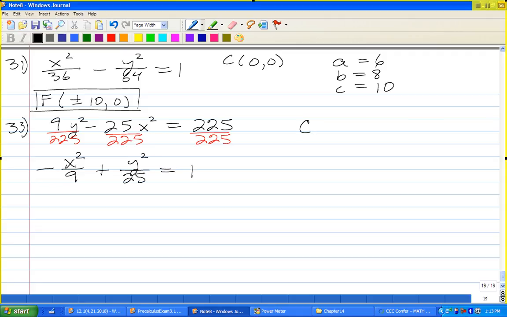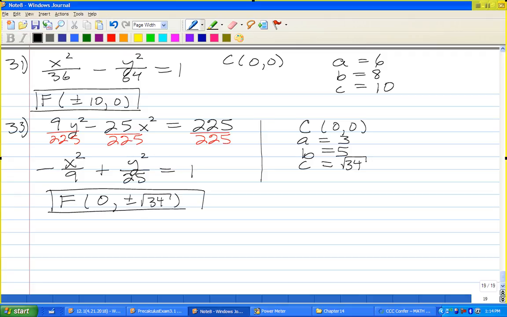So in this case, the center is at the origin. A is equal to 3. B is equal to 5. 9 plus 25 is 34. So C is equal to the square root of 34. Therefore, the foci are located at, and y is positive, 0 plus or minus the square root of 34. And those are your foci.